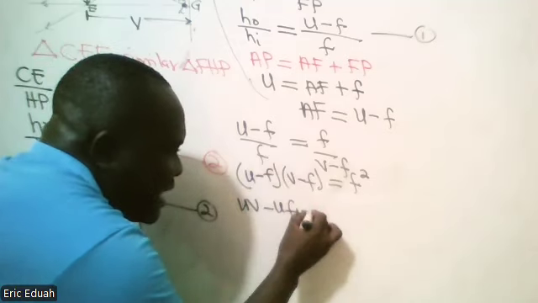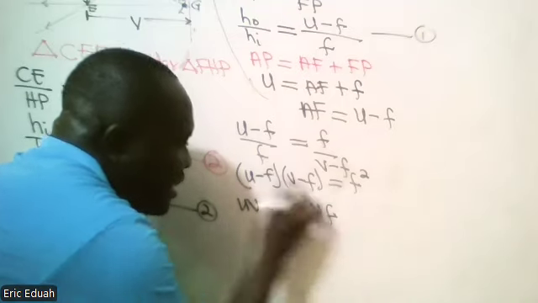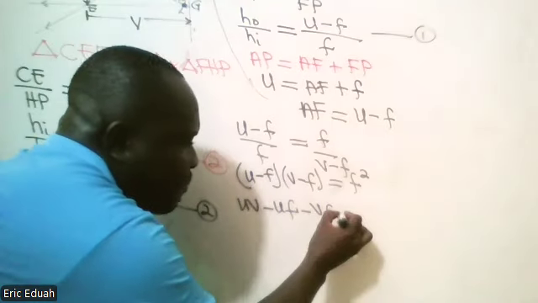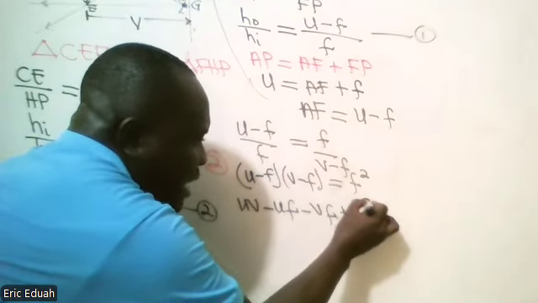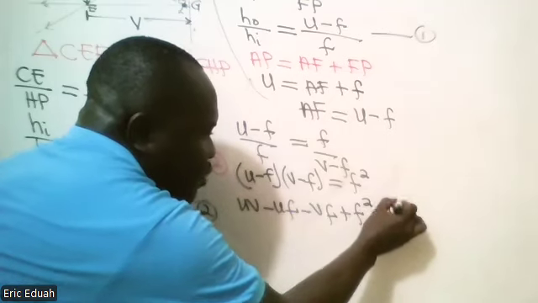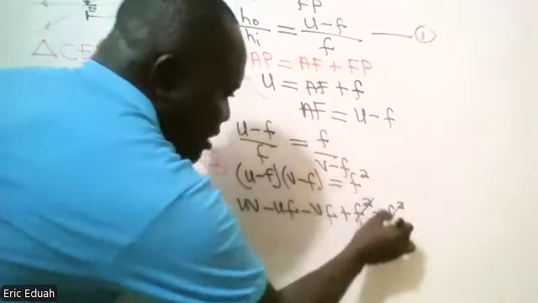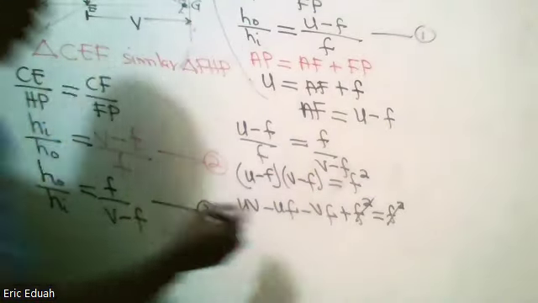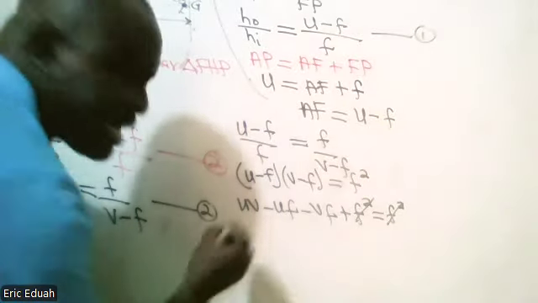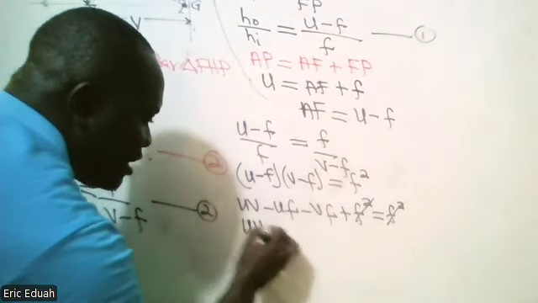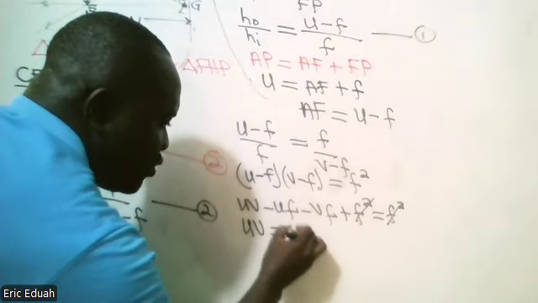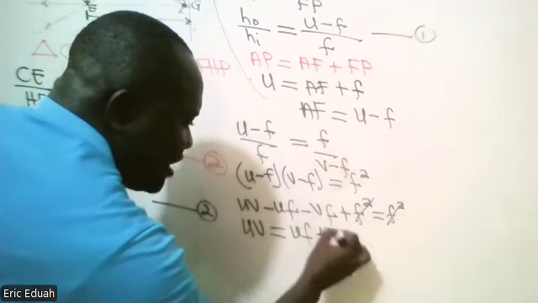F times this is minus VF. Then minus F times minus F is plus F squared, equal to F squared. The F squared will cancel out. And when we send the negatives to the other side of the equation, we have UV is equal to UF plus VF.